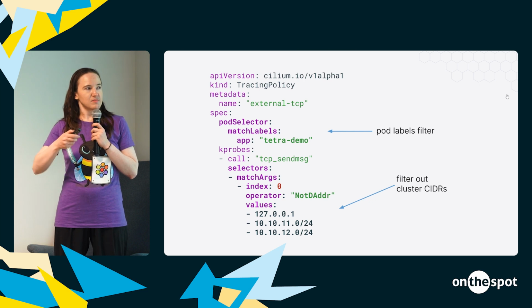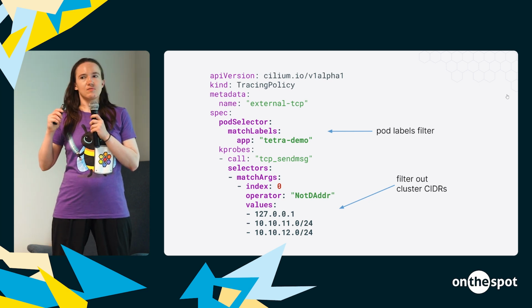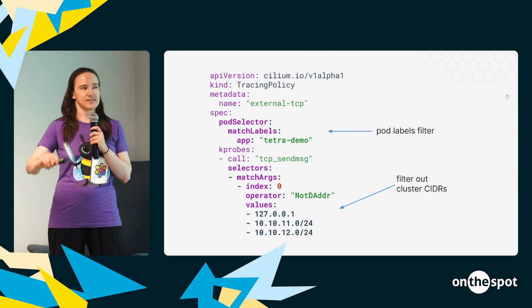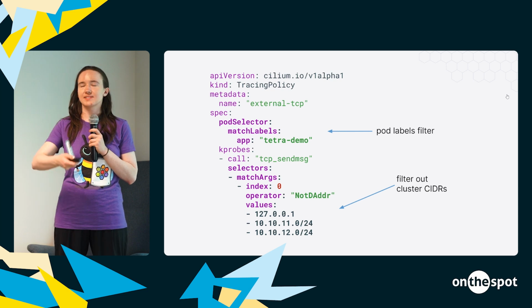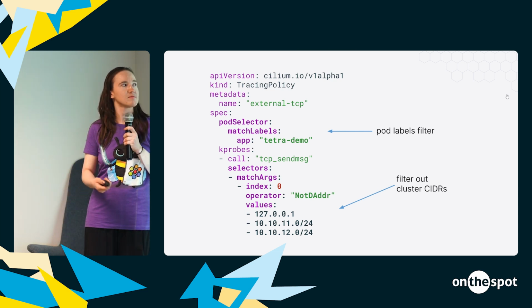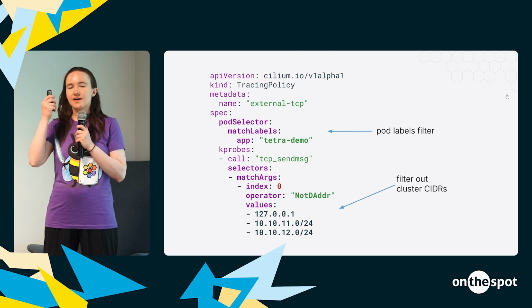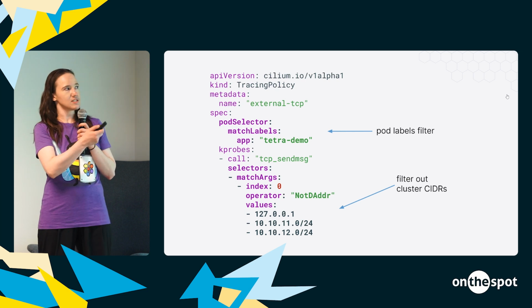There is more configuration for filtering. So we can filter what events we want to get, for example, by Kubernetes metadata of the application. For example, we want to monitor network activity only of this Tetra demo application in this case.